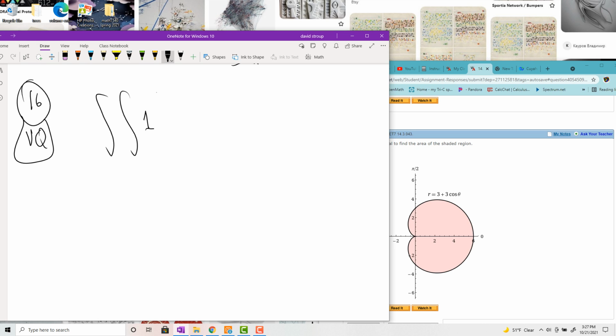Then you have r dr d theta, where r goes from 0 to 3 plus 3 cosine theta. The real issue is figuring out the outer limit. I believe it's just going to be 0 to 2 pi, but I literally have to graph it to make sure, which is kind of a bummer.